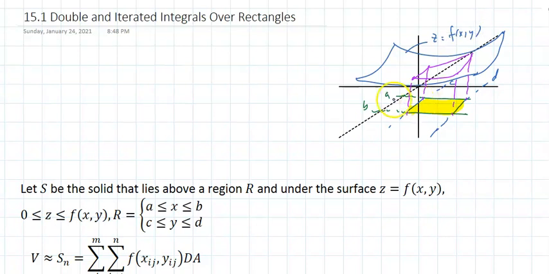What I do, I take this and I break it into m intervals, and I take this and I break it into n intervals.